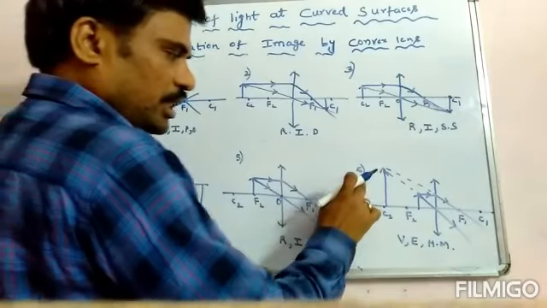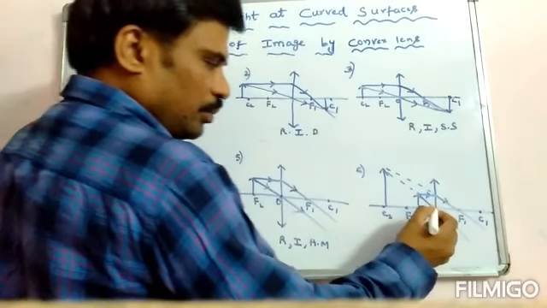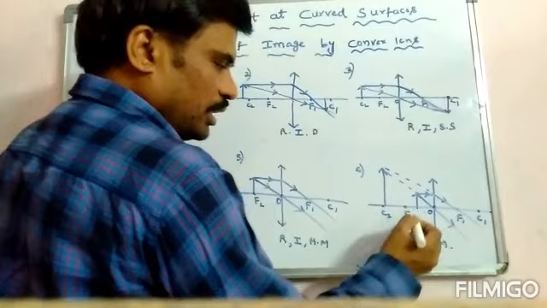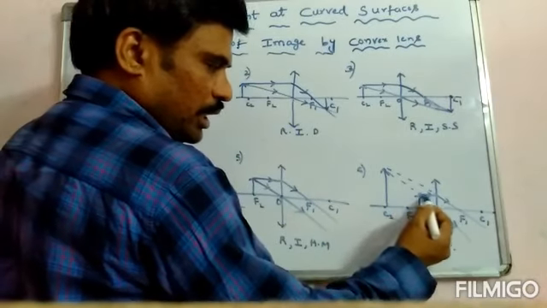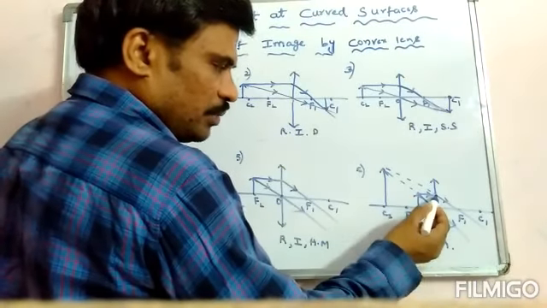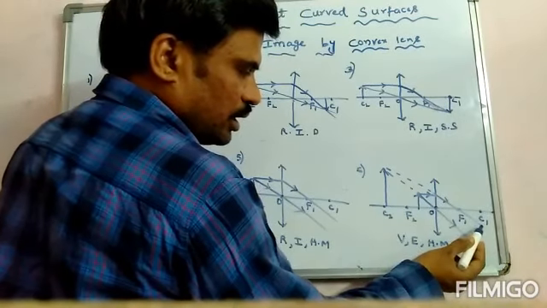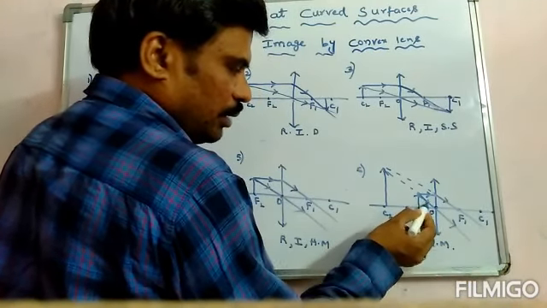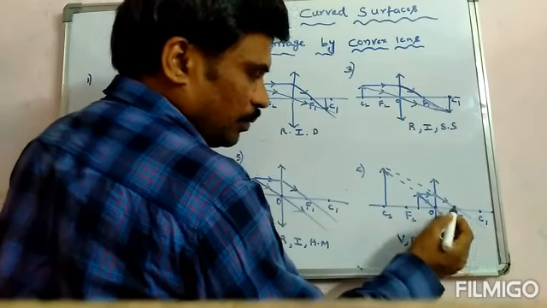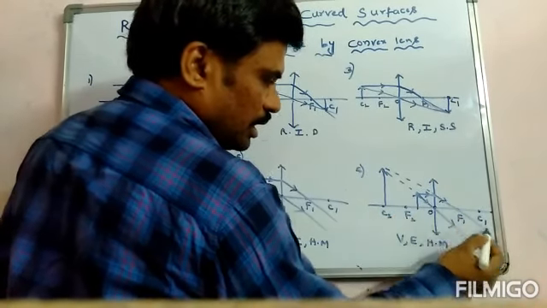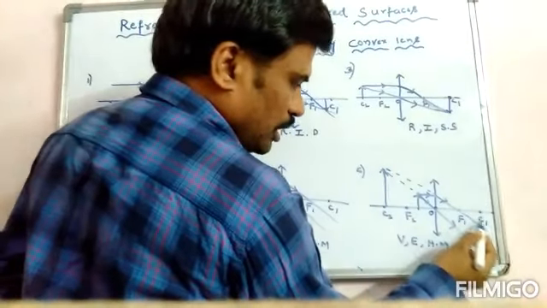Now look at the sixth case, a very important case. The object is placed between the optic center and focus. I have taken a ray parallel to the principal axis. Then after refraction it passes through the focus. Again I have taken another ray passing through the optic center with no deviation. But observe the refracted rays, they appear to be diverging.